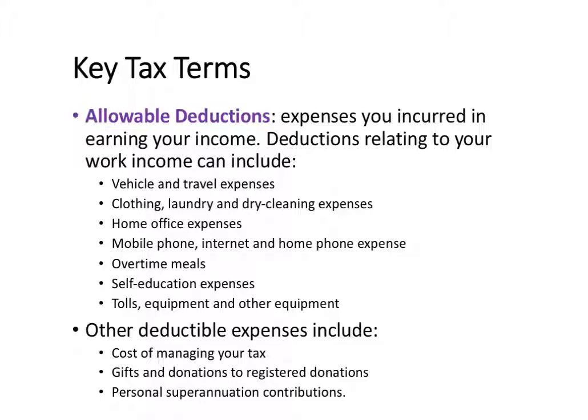Any gifts or donations to registered charities, you will be able to claim as well if they're over $2 and you get a receipt. And any personal super contributions you make to your super during the year, you can also claim a tax deduction for that if you have let your super fund know. So that's a brief summary of allowable deductions you can claim against your assessable income.